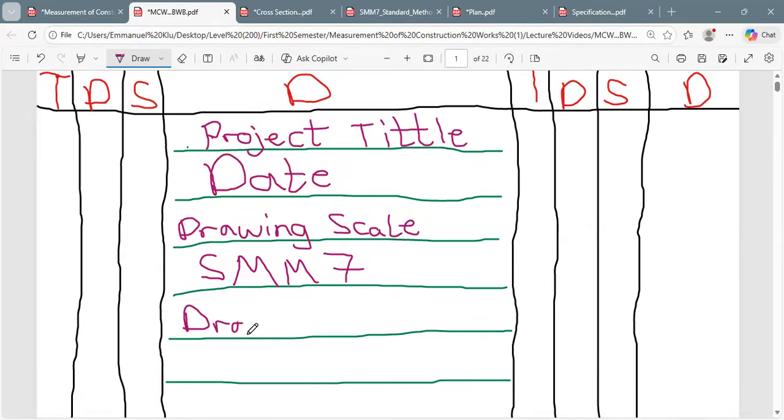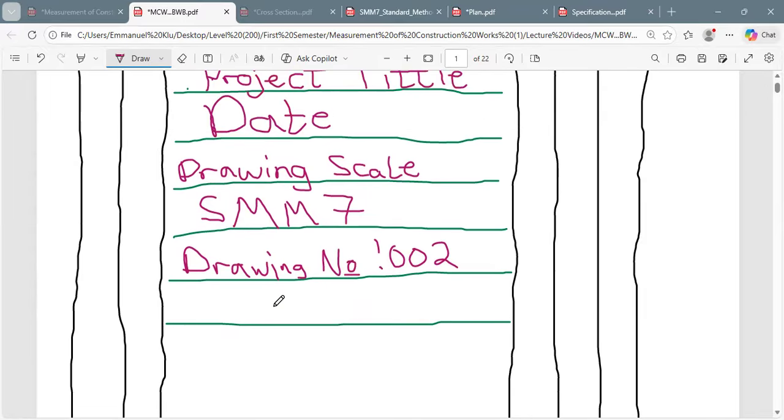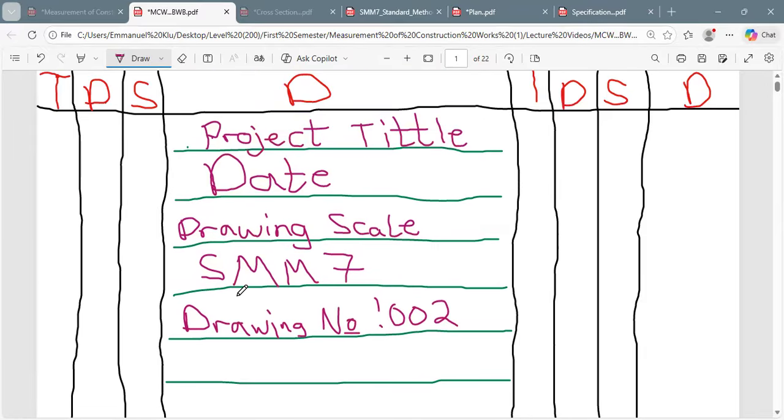So we say that this is our drawing number 002. Drawing number 2. Okay. Then the last one is going to be our takeoff list.